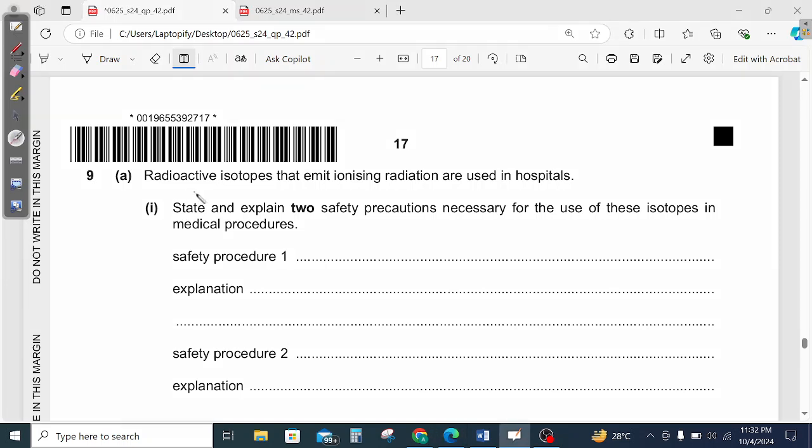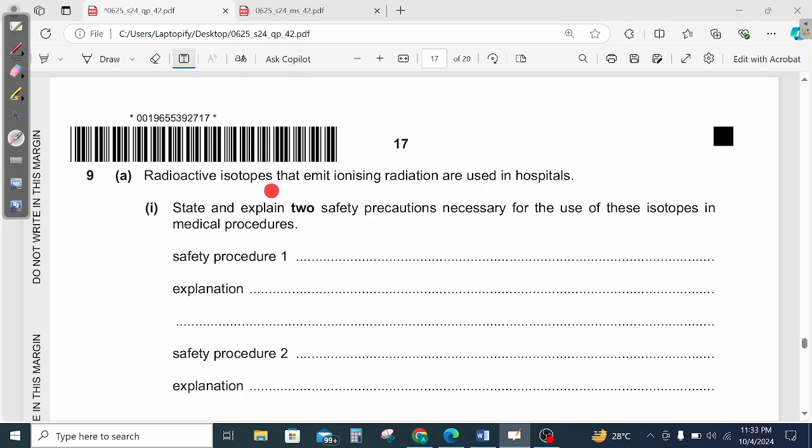Okay, so we are moving towards question number 9. Radioactive isotopes that emit ionizing radiation are used in the hospitals. State and explain two safety precautions necessary for the use of these isotopes in the medical procedure. Safety number 1 and 2, and explain both of them.